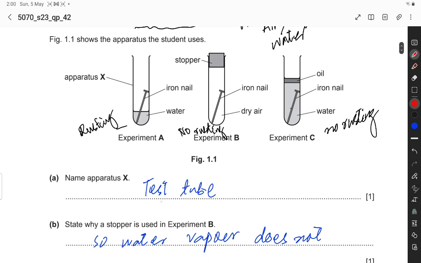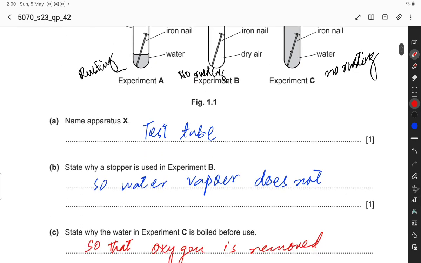Name apparatus X. Test tube is the apparatus.